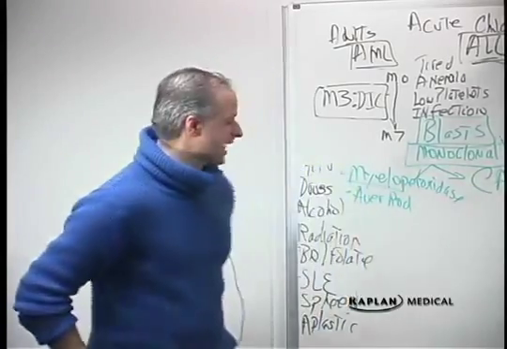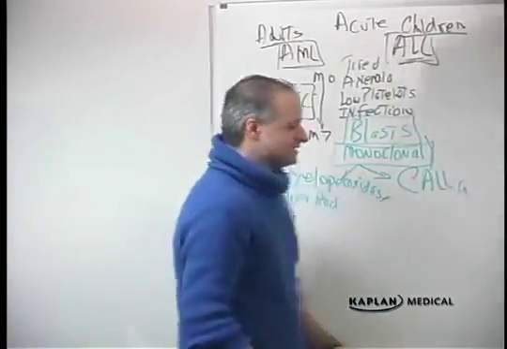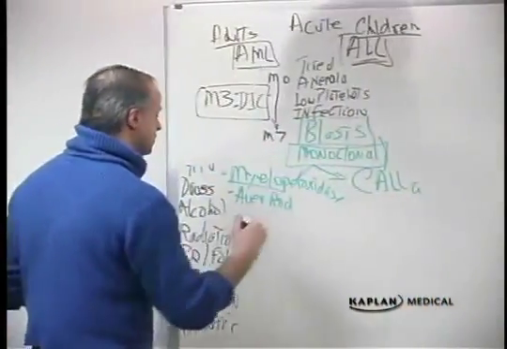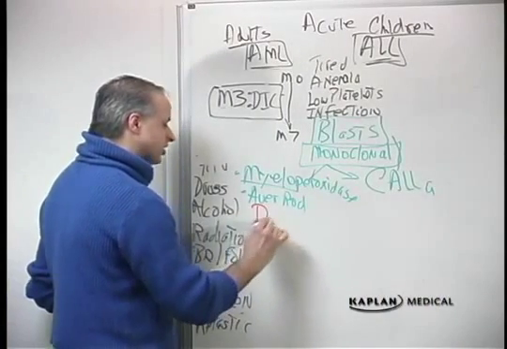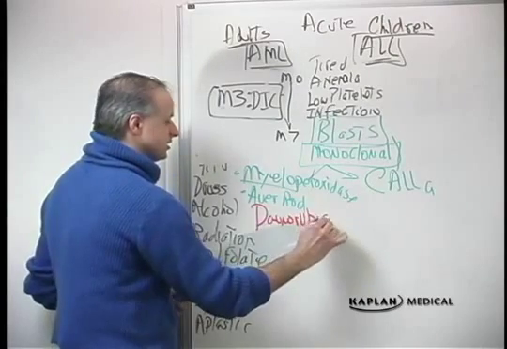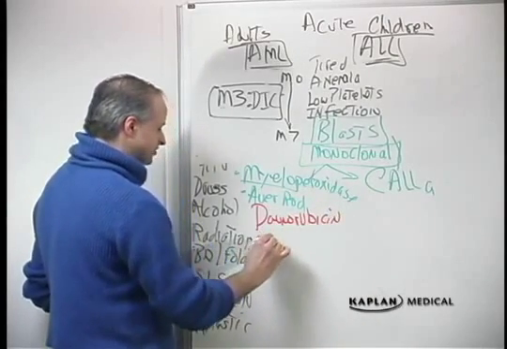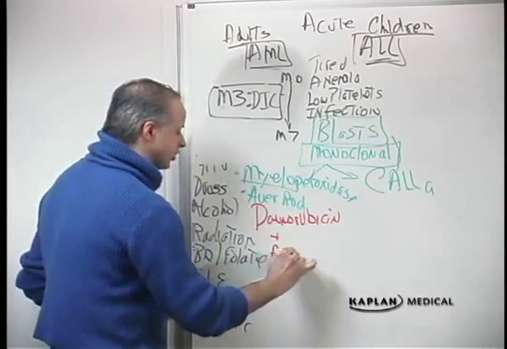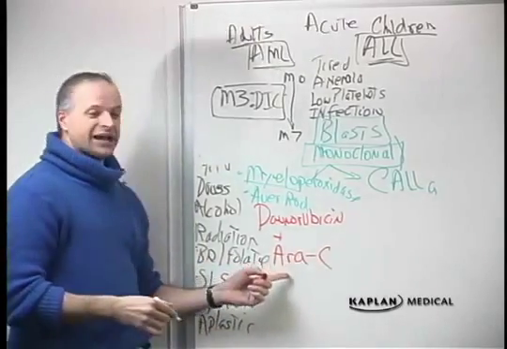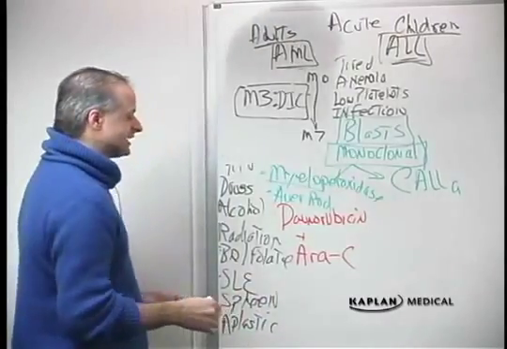So you can't answer the question, which of the following is the most likely diagnosis, off the history and the physical and individual labs. The other thing is that since they have the same therapy, you don't need to know the difference, because they're all based on therapy with daunorubicin or idarubicin and Ara-C, also known as cytarabine or cytosine arabinoside.